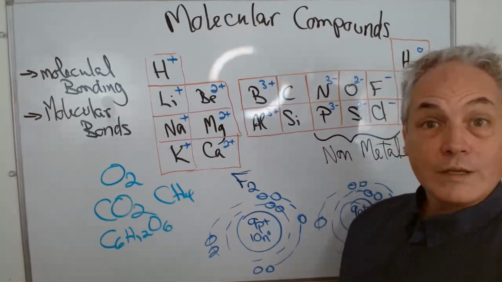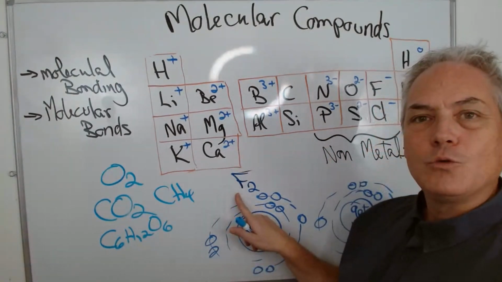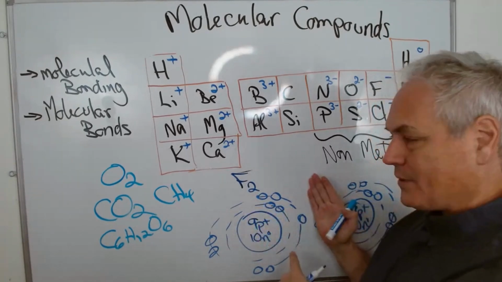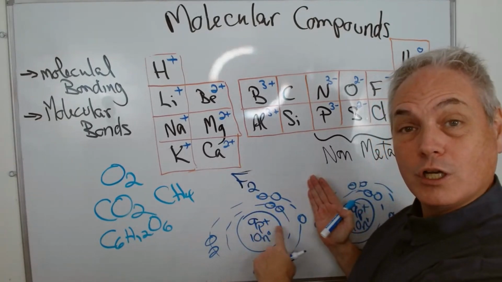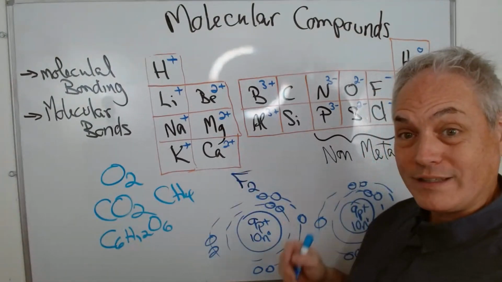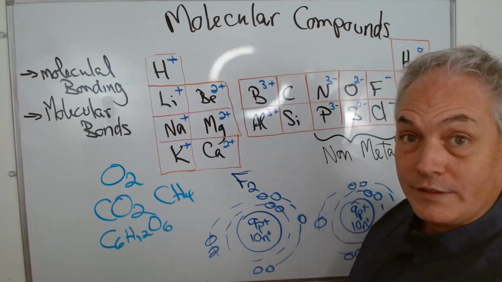If you happen to have fluorine as a gas like this, and you want to put them together, you have two atoms. This fluorine has 9 protons and 9 electrons, with 7 electrons on the outer shell. Interestingly enough, that fluorine would love an extra electron.